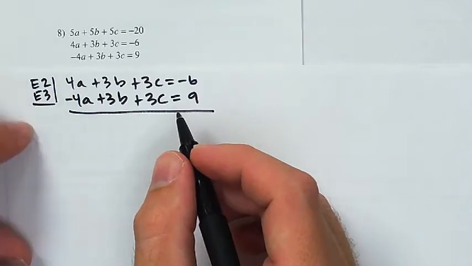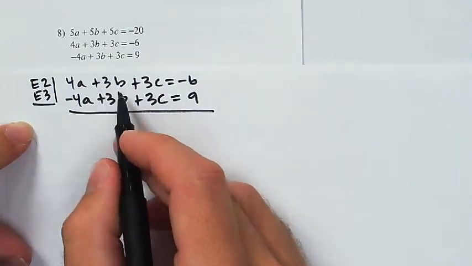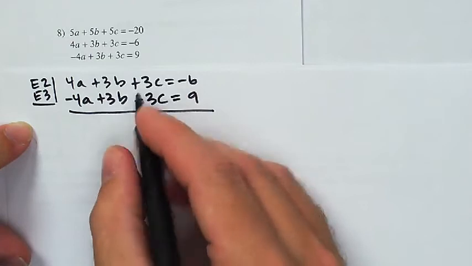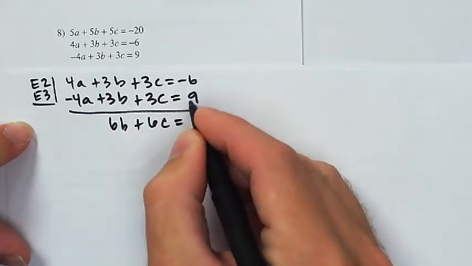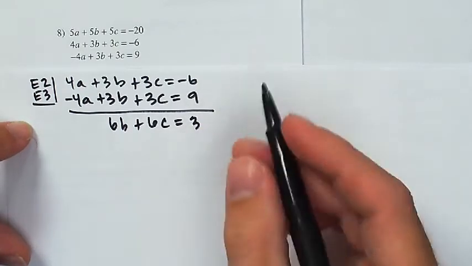So I'm going to add, so I'll get 6b, 6c equaling 9 minus 6, which is going to equal 3.